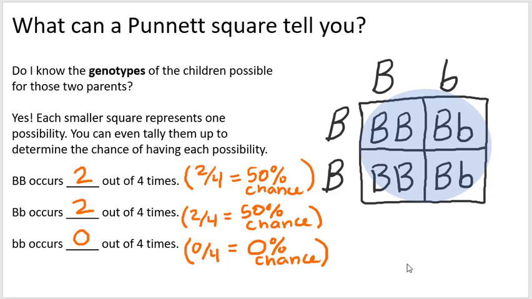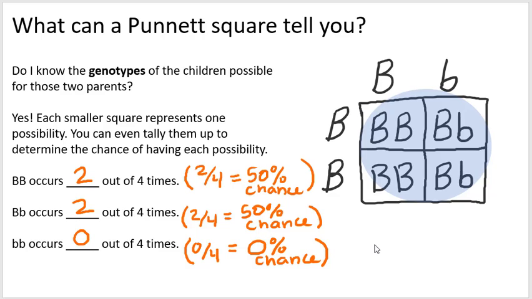Now, if we tally them up, we'll see that capital B occurs 2 out of the 4 times. And 2 out of 4 means there is a 50% chance of having a child with the genotype capital B. The same goes for capital B, little b.